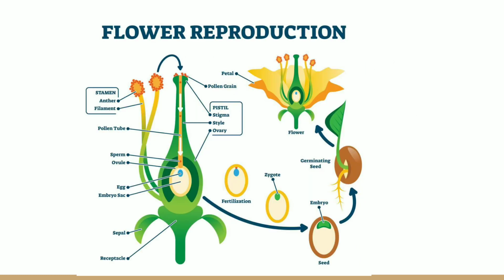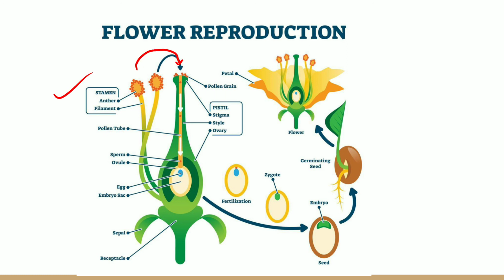Quickly we will see how the reproduction takes place in a flower. Inside the anther, which is a part of stamen, pollen grains are produced. These pollen grains then fall on the stigma of the carpel of the same flower, or of a different flower through a pollinating agency.